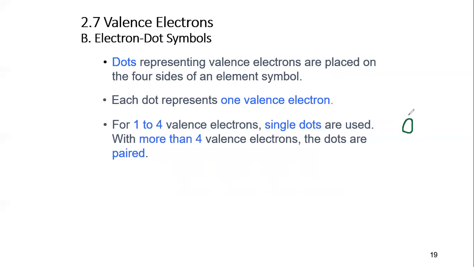It has 6 valence electrons, so we go 1, 2, 3, 4, 5, 6. If we look at fluorine, which has 7, it'd be 1, 2, 3, 4, 5, 6, 7. So that's the Lewis dot symbol for oxygen and fluorine.